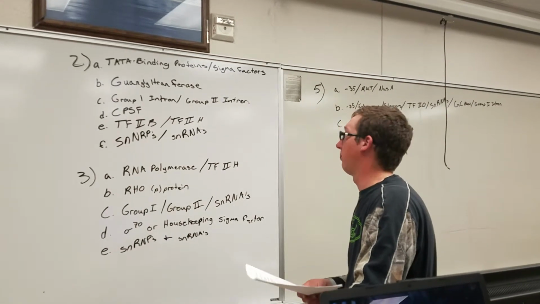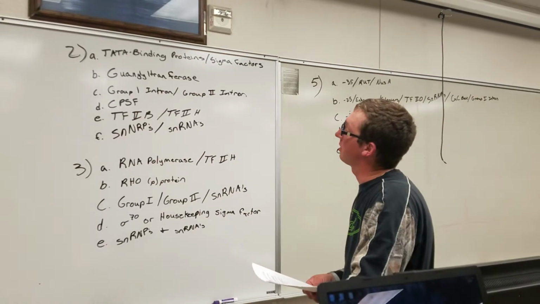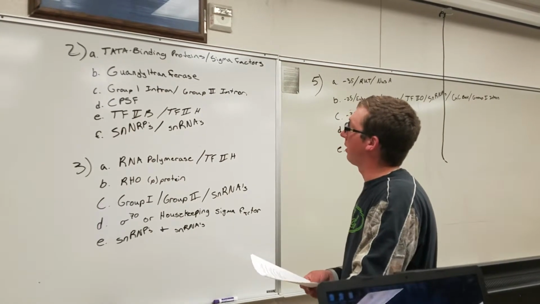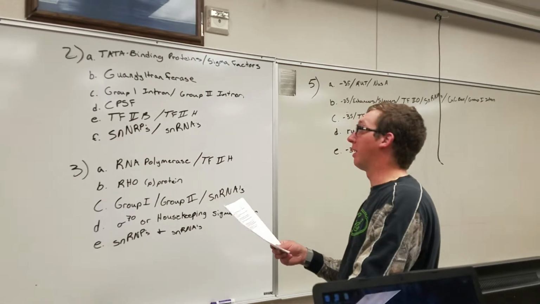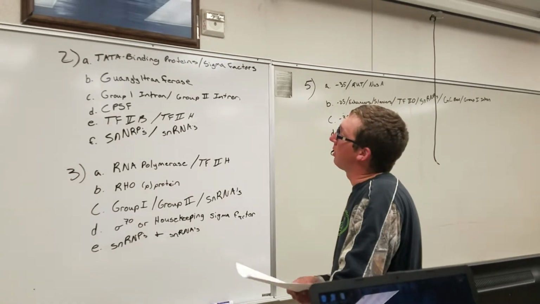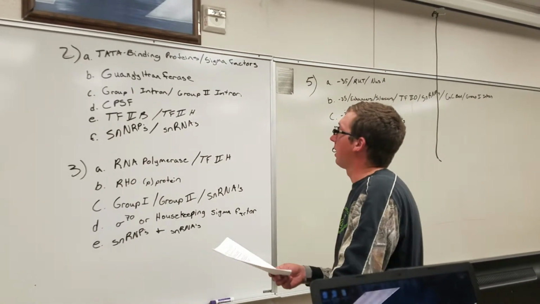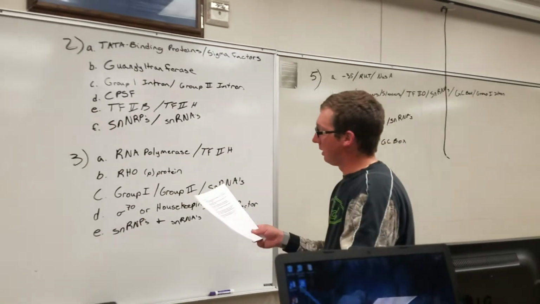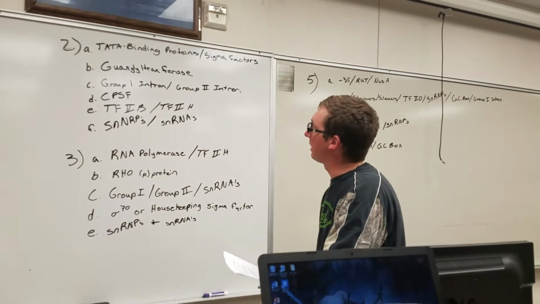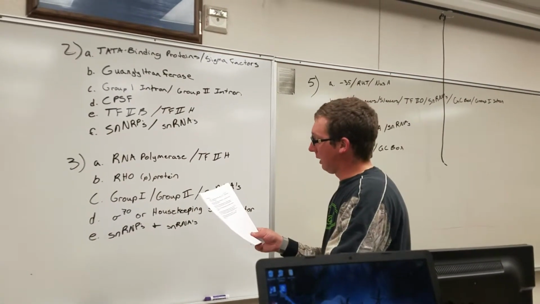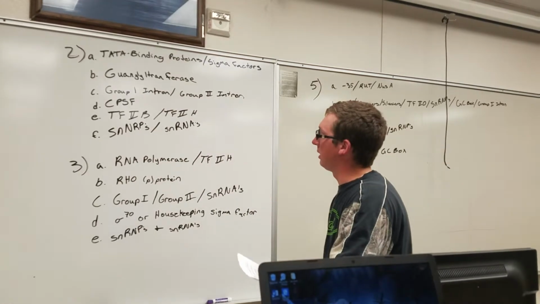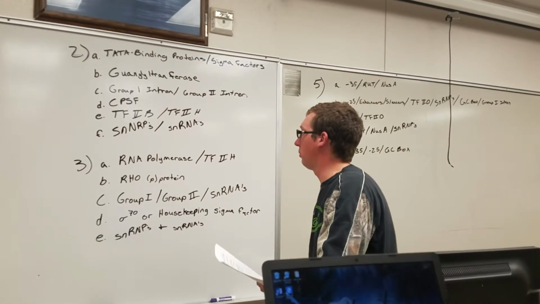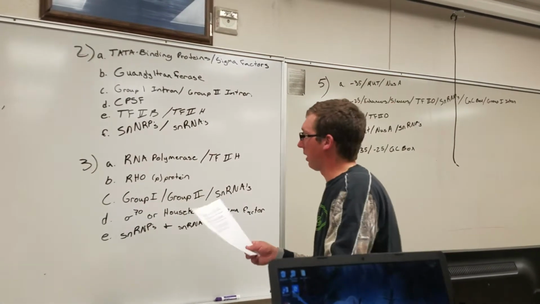B, I can't even pronounce it, I'm going to completely botch this, but we've got guanylyl transferase, oh my gosh. C was group 1 introns and group 2 introns. D was the CPSF. E was the TFIIB and the TFIIH.